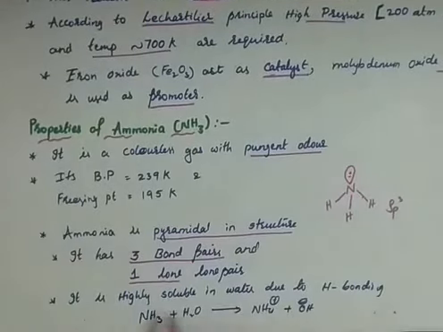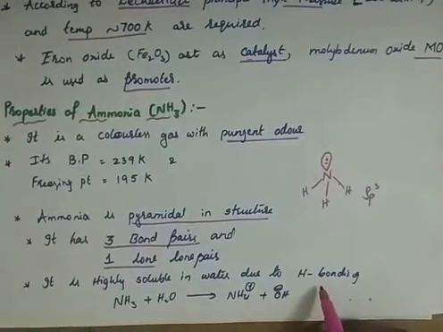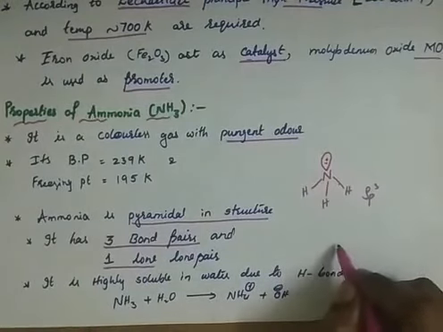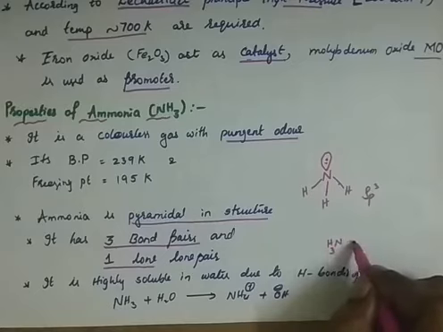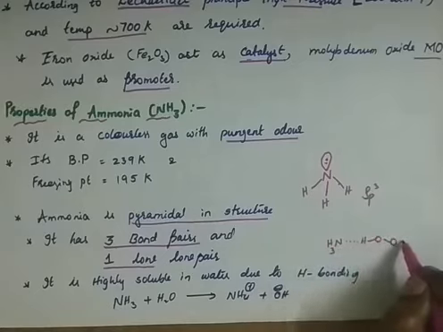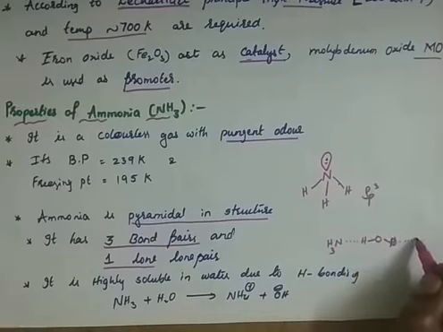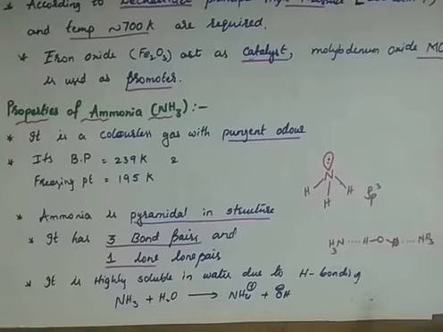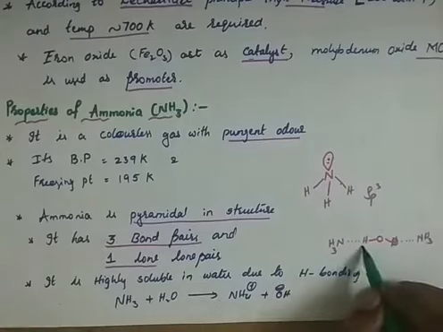Then it is highly soluble in water due to hydrogen bonding. What is hydrogen bonding? For example, NH3 dissolved in water will show this. Hydrogen bonding is a weak interaction between hydrogen and the most electronegative atoms like nitrogen, oxygen, fluorine.